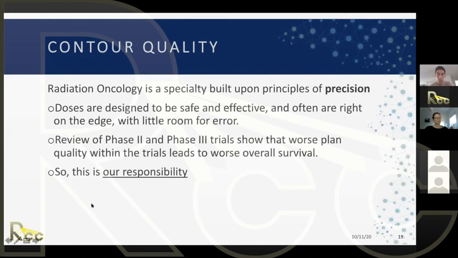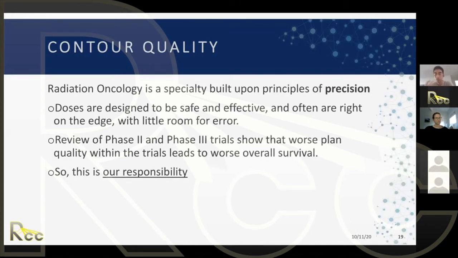But like I said, really we practice right on the edge. Our doses are designed to be safe and effective, but there's little room for error. So if we really want to practice the cutting edge techniques and the cutting edge doses, we have to do it with cutting edge accuracy.